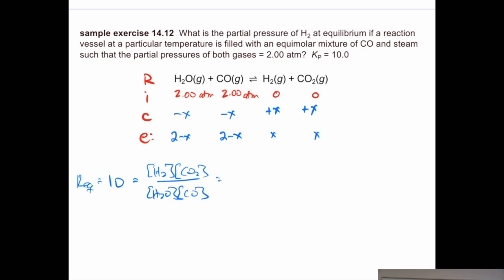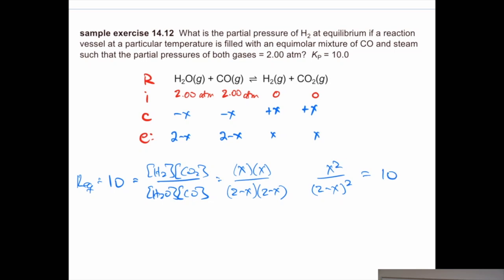That's going to be x times x divided by 2 minus x times 2 minus x. That's the same as x squared divided by (2 minus x) squared. That's equal to 10. And we want to know what x is because we have to calculate what the equilibrium concentrations are.